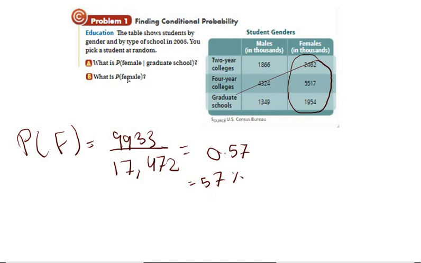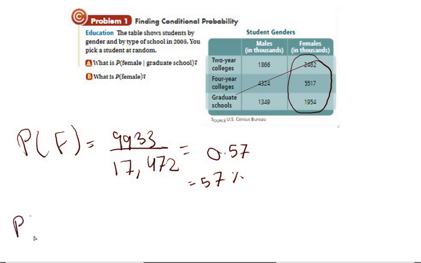Now let's go back to A to see the difference between these two questions. What is the probability of female given graduate school? This will limit the number of students to the students in graduate schools.